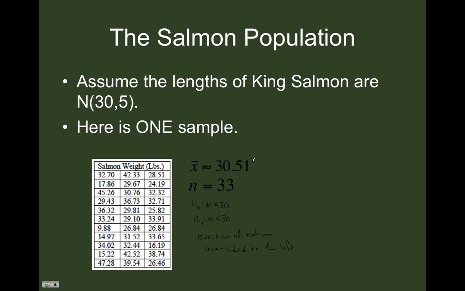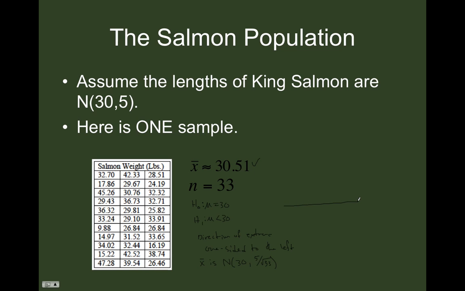We have an observed value, that's our sample mean, and we also need the distribution. So x bar is normally distributed, centered at the same mean as the population, but we need to adjust the standard deviation by dividing it by the square root of the sample size.